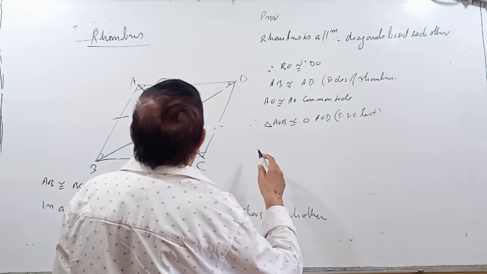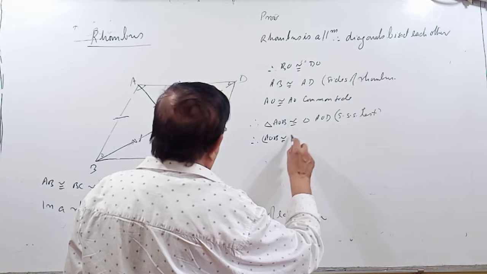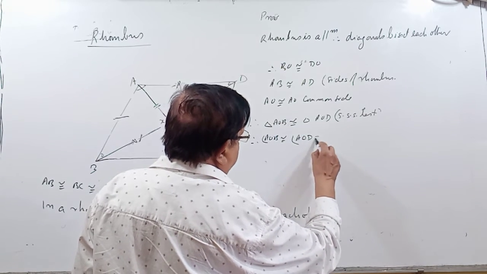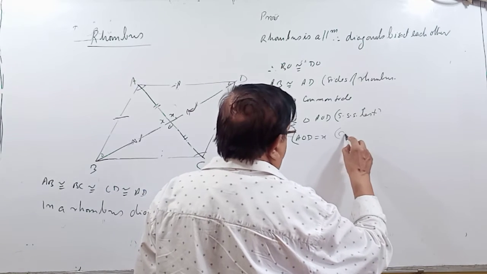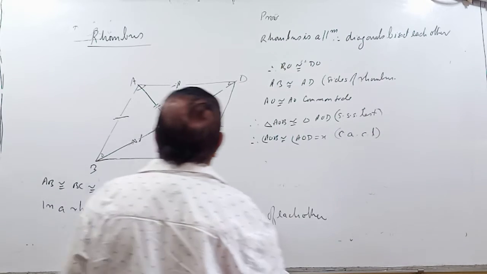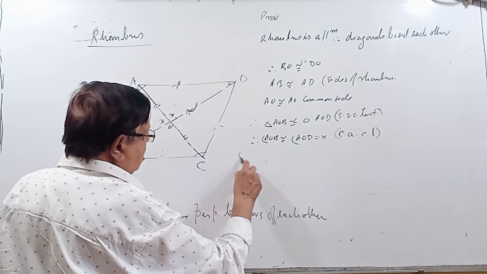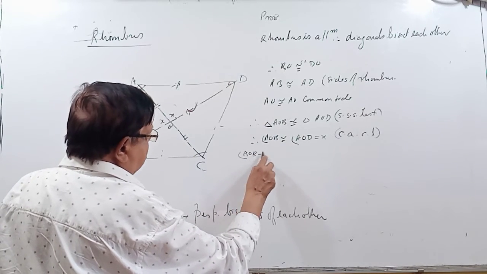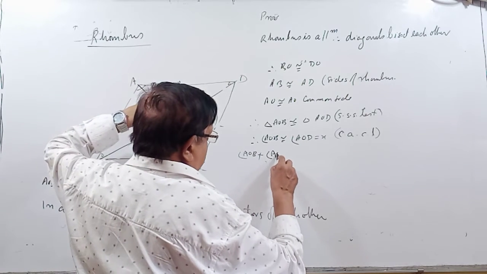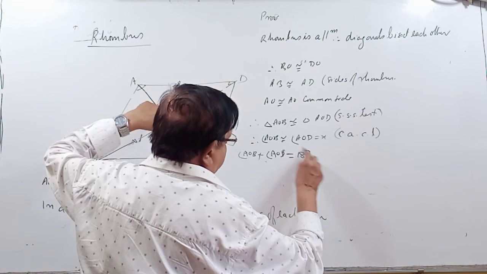Therefore, angle AOB is congruent to angle AOD, equal to x, corresponding angles of congruent triangles. This is equal to x and this is equal to x. But angle AOB plus angle AOD equals 180 degrees.